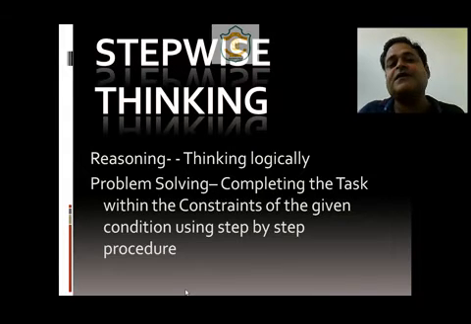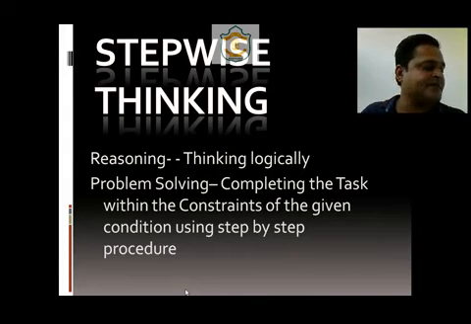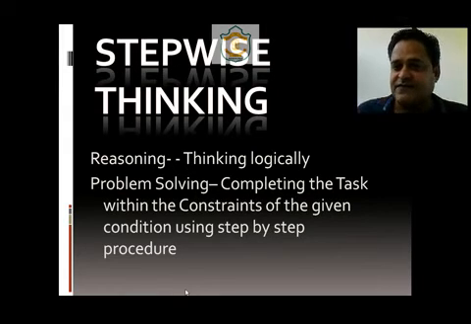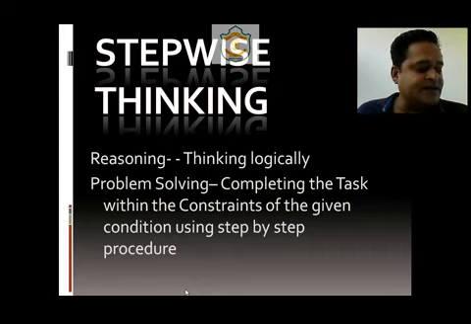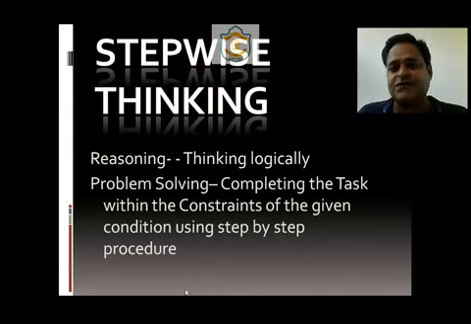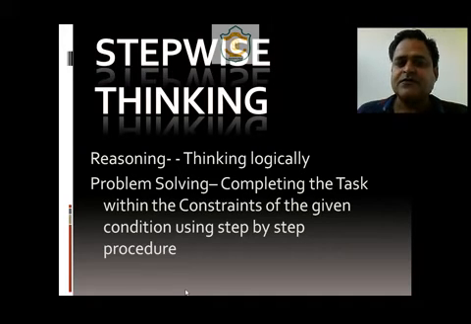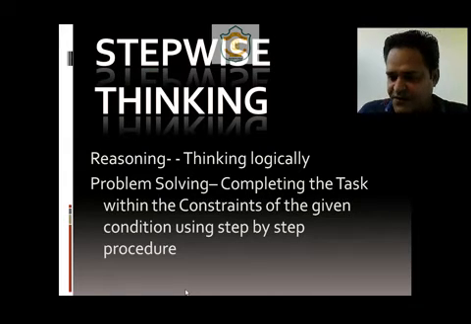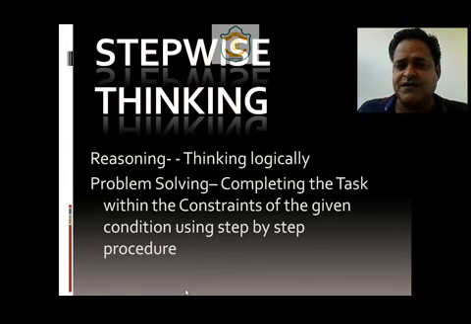So consider an example as given in the book. Suppose you have to organize a party. So this is a task. In this task, what all steps are required or what all actions you have to take to organize a party. So this requires thinking logically. If you are going to organize a party, you will think logically.